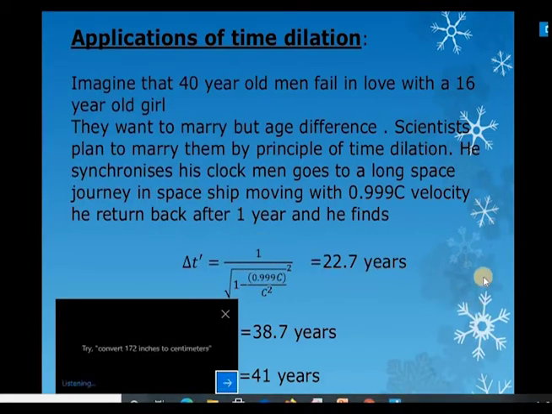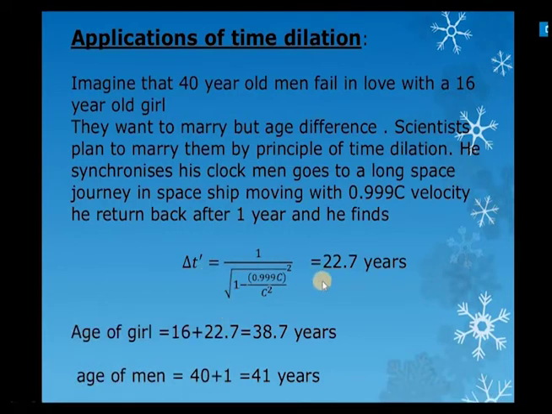According to this equation, when the time of 1 year has elapsed for the man who set out on the space journey, the equivalent time elapsed for the girl who was waiting is 22.7 years.